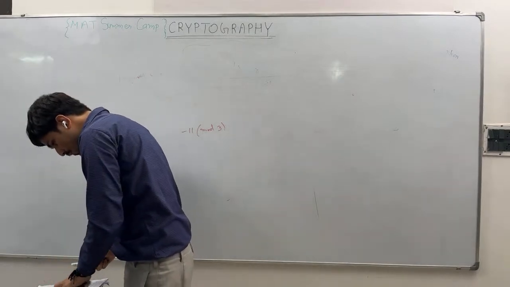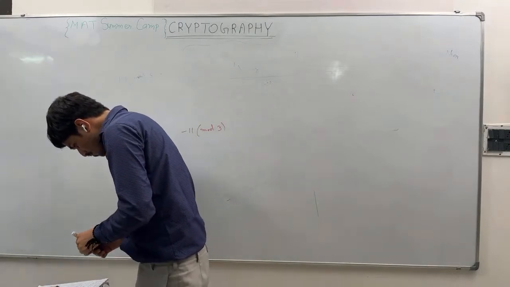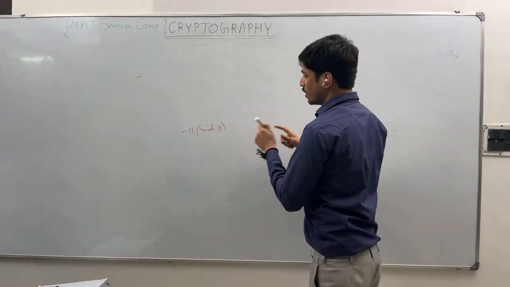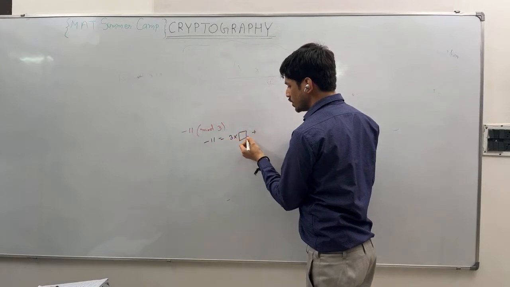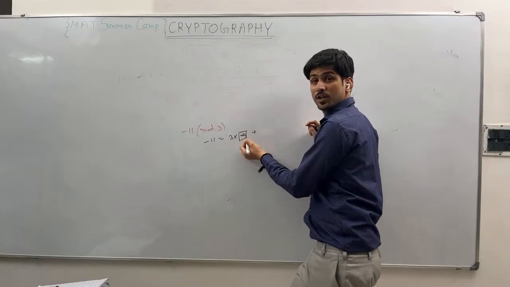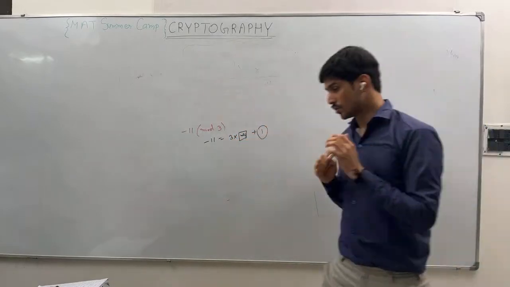One. Yes? Clear? You see, how do we do this? Minus 11 equals 3 times something plus a remainder. So here minus 4 will come. Minus 4 times 3 is minus 12. So here what will happen? 1. Is it clear? Okay.